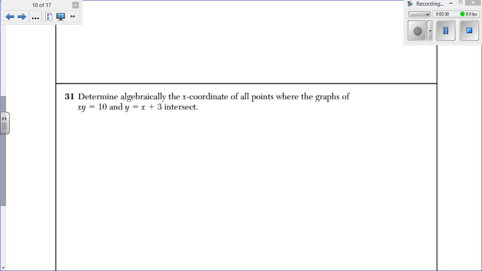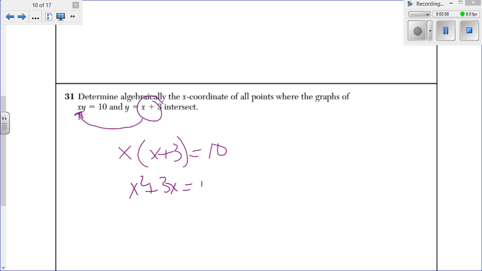31. Determine algebraically the x-coordinate of all points where the graph of x times y equals 10 and y equals x plus 3. So all I'm going to do is substitute in x plus 3 for y. So it's x times x plus 3 equals 10. So I have x squared plus 3x equals 10.